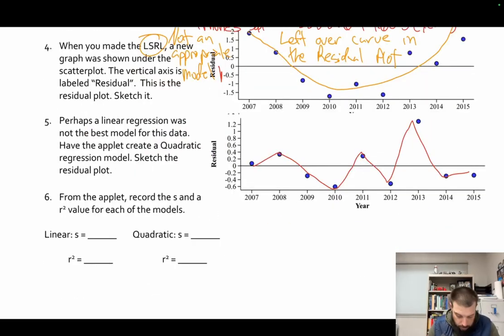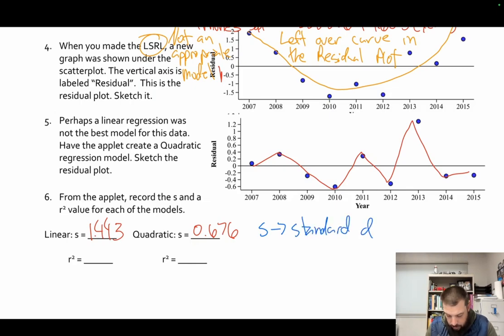Right, and so remember our S value for linear was 1.443, and for quadratic was 0.676. Well, what does that S stand for? That S is the standard deviation.